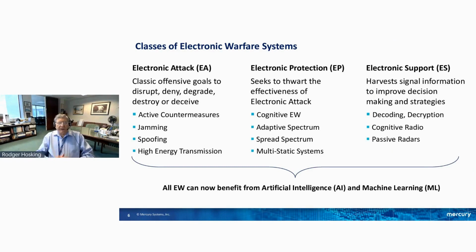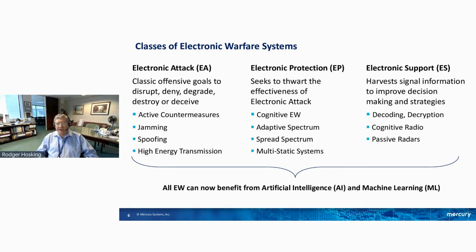So the 3 different classes of electronic warfare system are the electronic attack, which includes the active countermeasures, jamming, spoofing, and then the second class is electronic protection, which tends to counter the electronic attack part of electronic warfare: adaptive spectrum, spread spectrum for lower detectability, multi-static systems for redundancy.